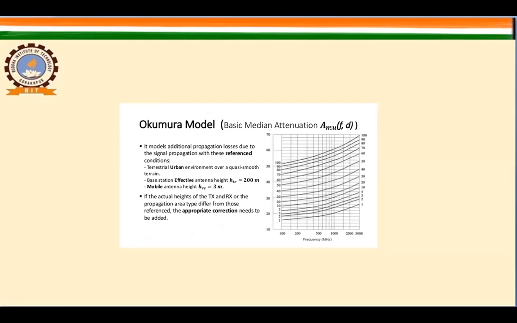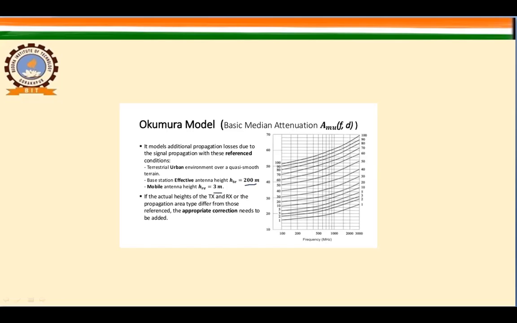So the basic median attenuation A_MU, if we take this graph, is the additional propagation losses due to signal propagation with these reference conditions: a terrestrial urban environment over quasi-smooth terrain, when the base station effective antenna height h_te is 200 meters and the mobile antenna height h_re is 3 meters.